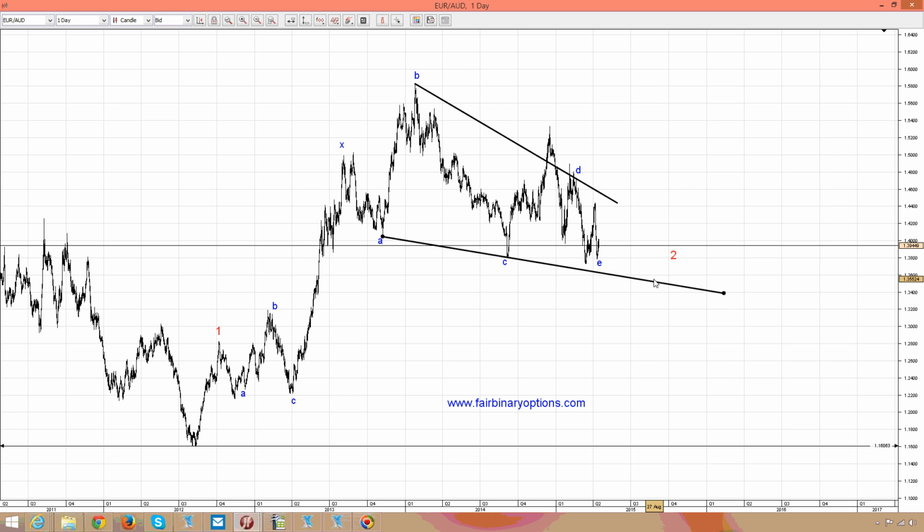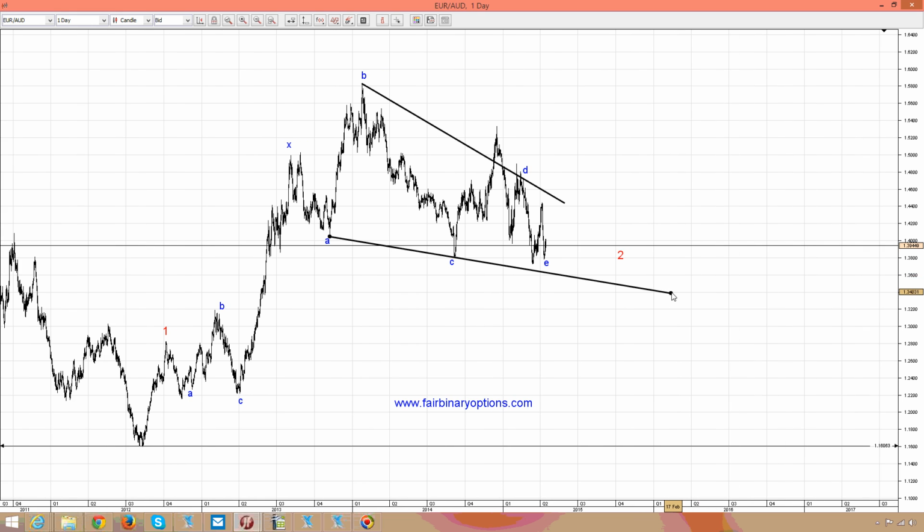And just like that, we have a triangle, a so-called triangle that is non-limiting, meaning that the price action to follow cannot be put into a specific pattern. And this is as bullish as it can get. I would say the triangle is not completed yet, with the E wave not completed yet, but about to be completed most likely this month, as we are right in the middle of the month.